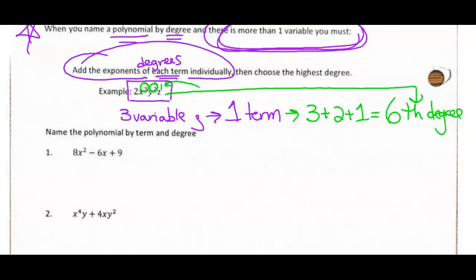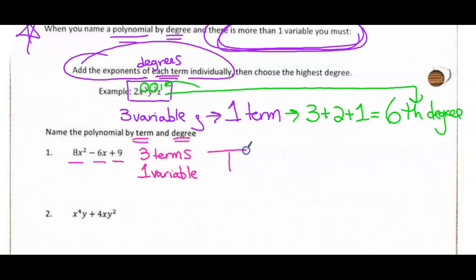So we have these examples here, then I'm going to try to show you the difference between naming with degrees. So this says, name the polynomial by term and degree. When I look at number 1, there are 1, 2, 3 terms. I'm going to just put little notes here because I'm not here to emphasize this. There is only one variable. So when I name this by term, it has 3 terms.